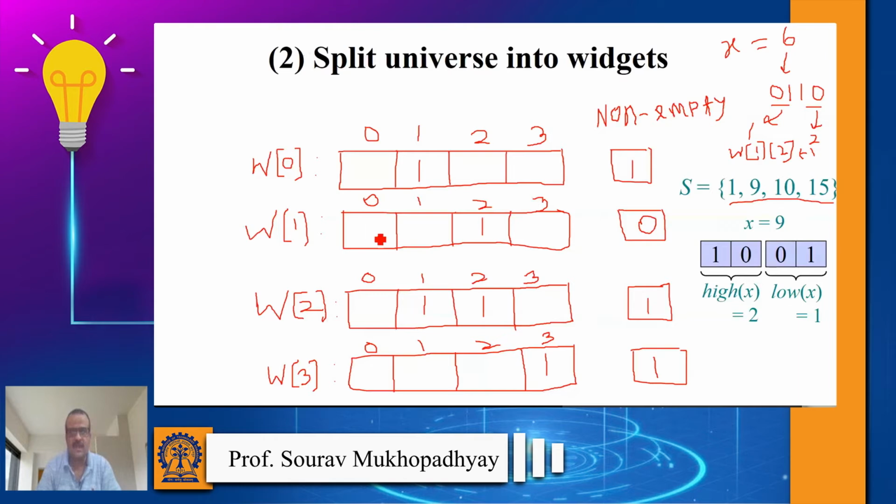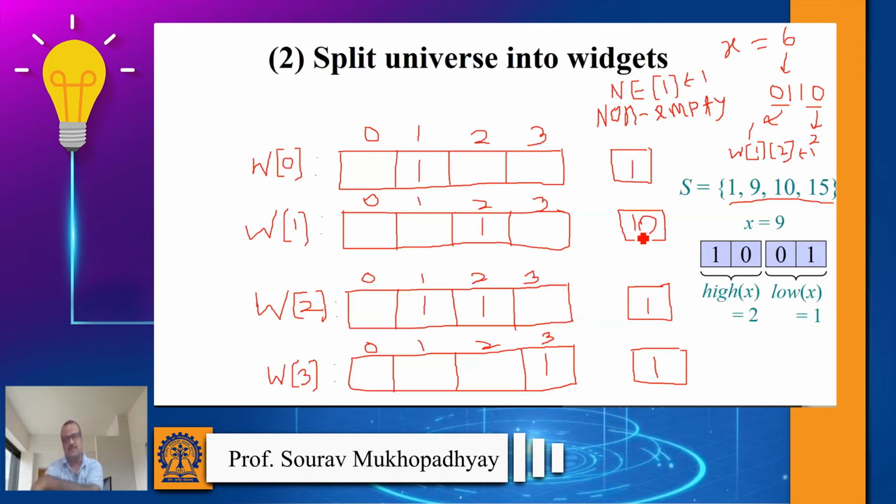In that case, we would have to traverse all this, or check that. So we just go to this non-empty array, which is again a 1-dimensional array. We go to the entry for high of x, which is 1, and we put the non-empty array entry to be 1.